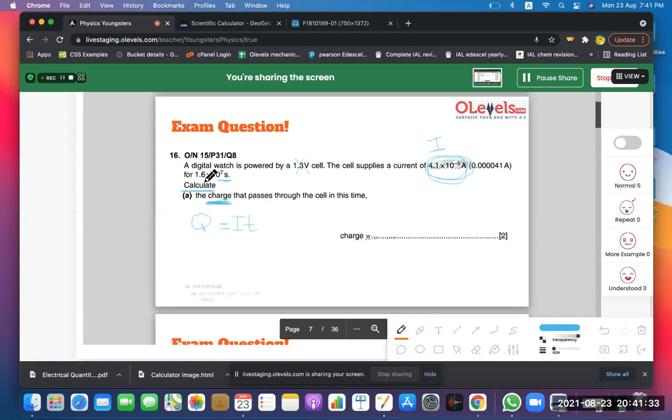I know the time is also given. So I will mark time as well because this is important to me. So Q is equals to IT. I have to find Q. I is given to me in the question, and I'm also given the time T. Means I can use this formula. Q is equals to IT.